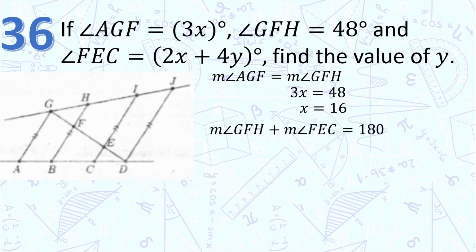Angle GFH and angle FEC are supplementary. Angle GFH is vertical with angle BFE, while angle BFE and angle FEC are same side interior angles. Therefore, the two angles are supplementary.